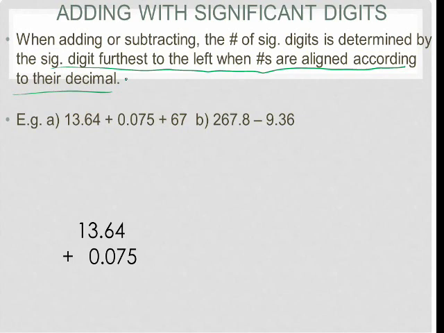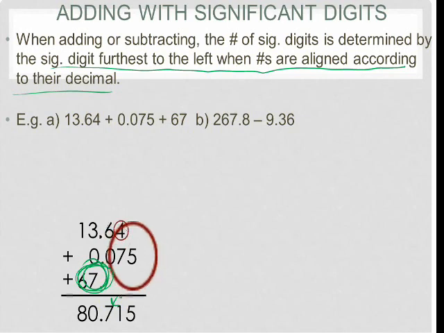We align the decimals, and we're also going to add 67, and that becomes 80.715. Now this number 67 does not have any numbers to the right of the decimal, so there's only going to be these two significant digits. So that means we're going to have to round this one. And we get 81. That's going to be our final answer.